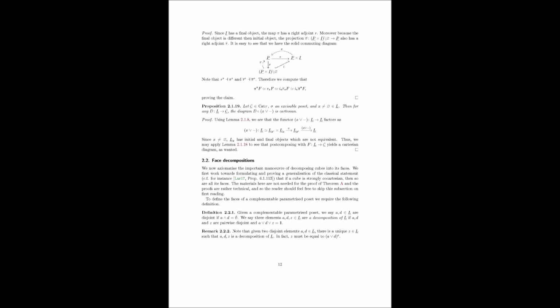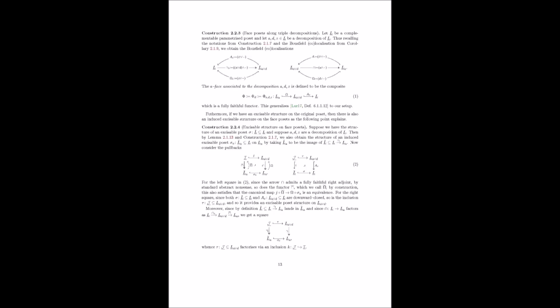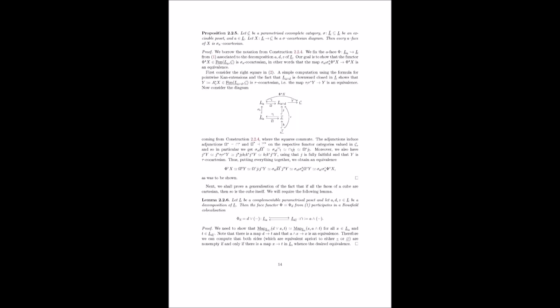This map essentially takes a diagram X over V and pushes it forward along the map A to get a new diagram over A. So how is this map defined?